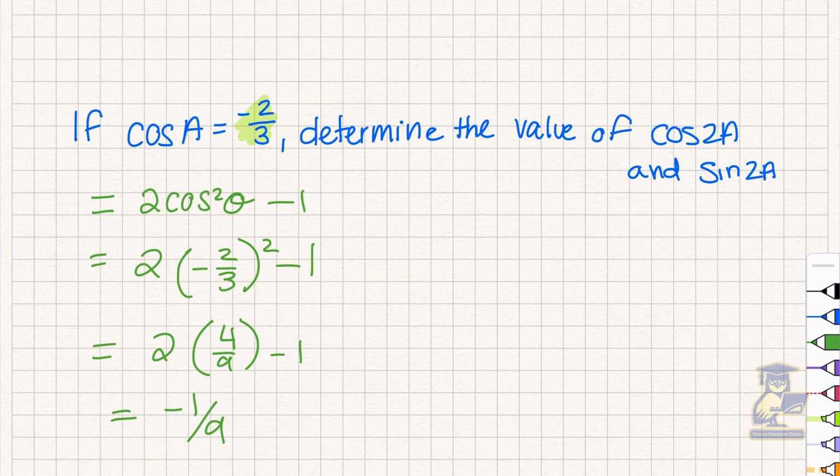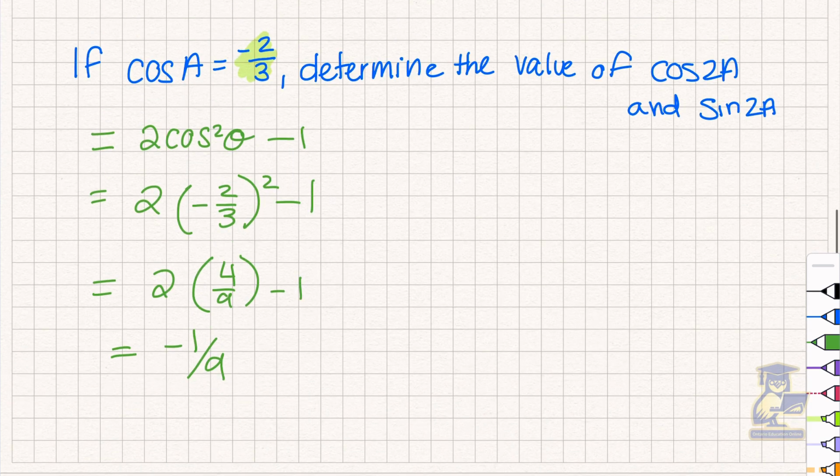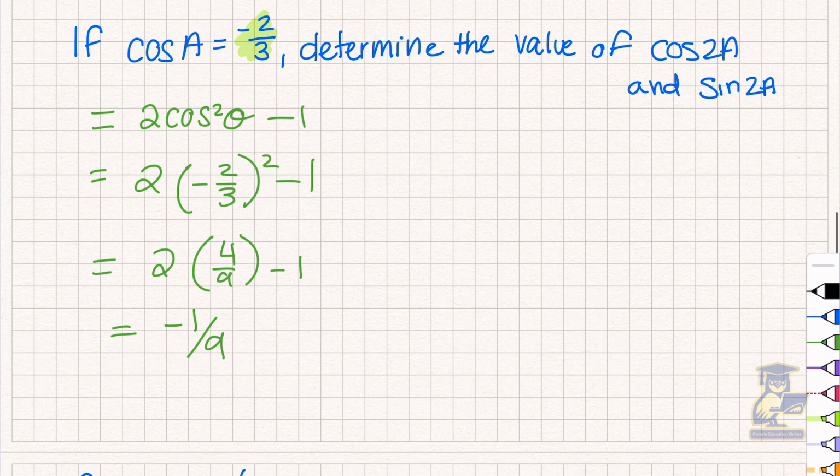Now, if we look at which quads this can be in, the value that we're given, cosine, is negative.